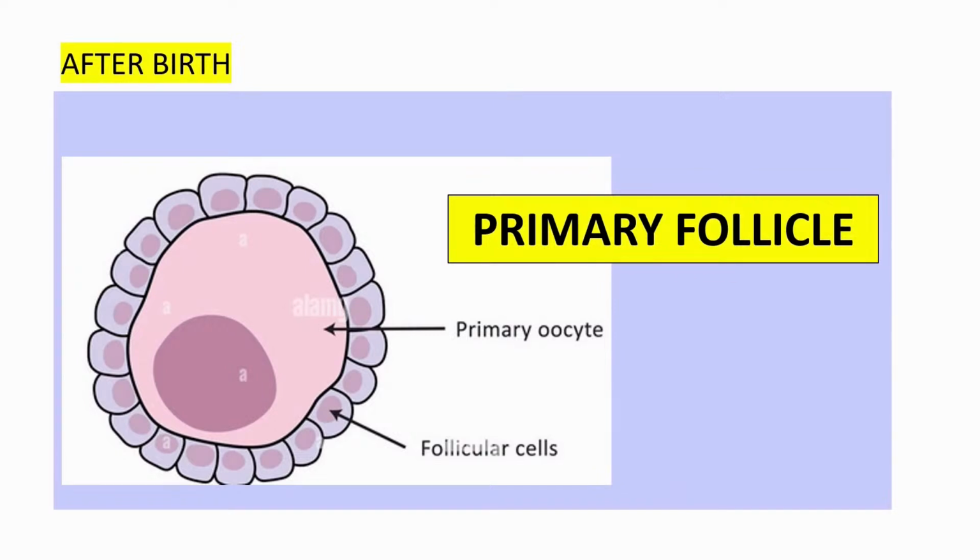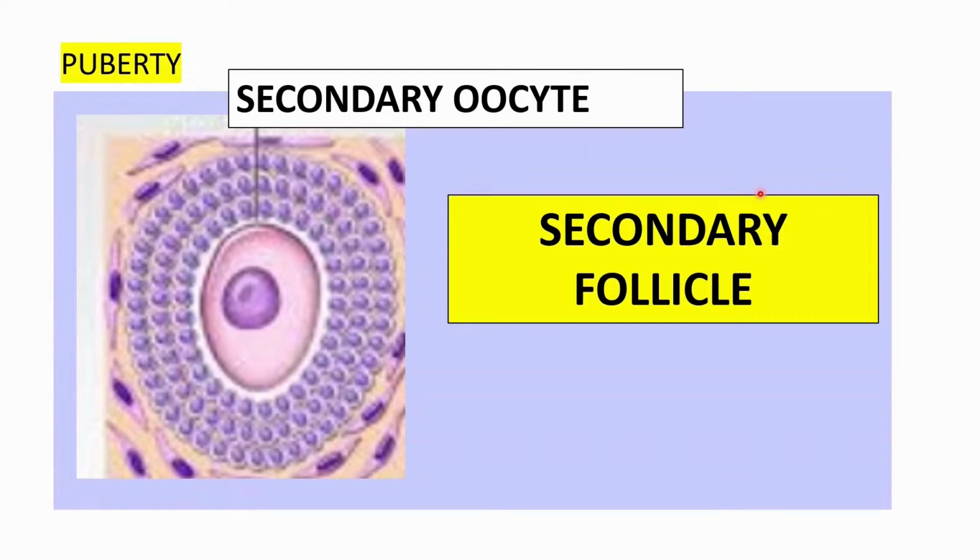And then after puberty, with the help of follicle stimulating hormone, FSH stimulates the growth of the follicular cells. And you can see here, you form a few layers of follicular cells.